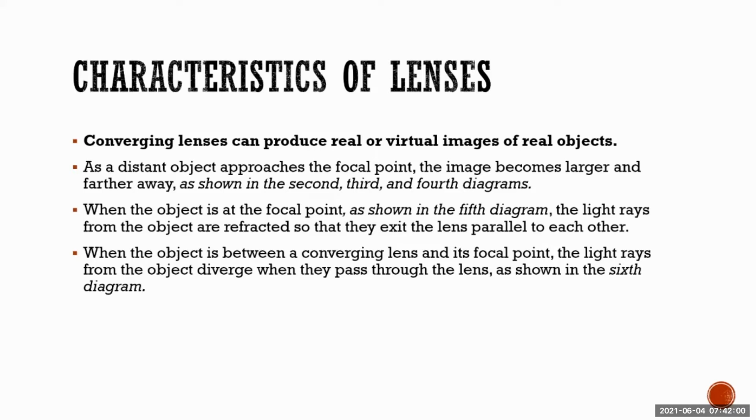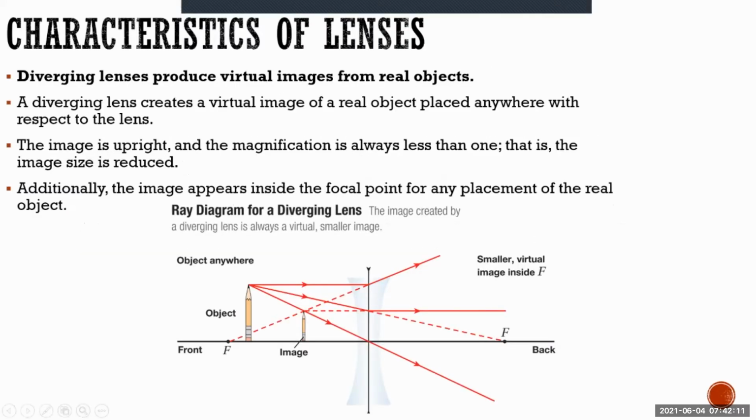When the object is between a converging lens and its focal point, the light rays from the object diverge when they pass through the lens. Okay? Take a look at that ray diagram, similar to the ones that we have been using.